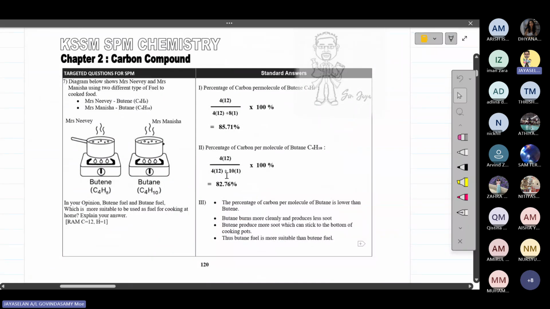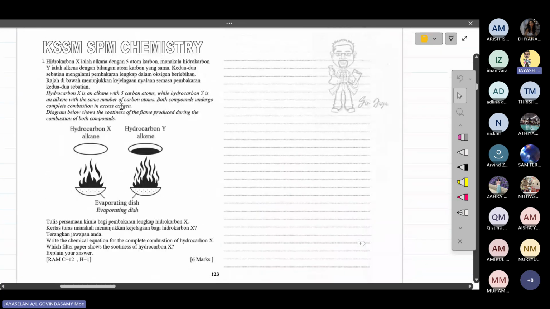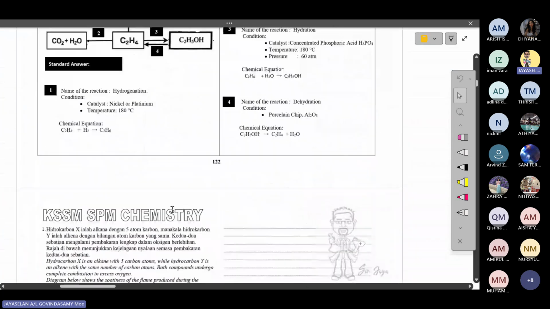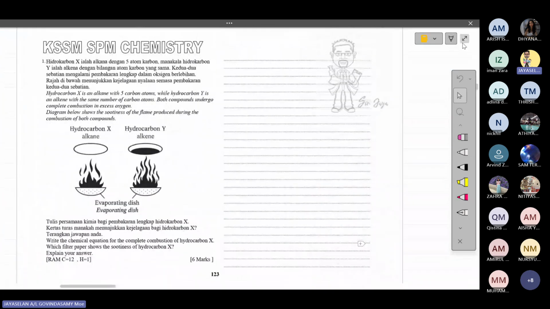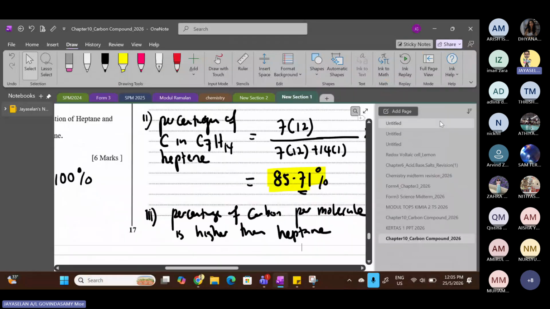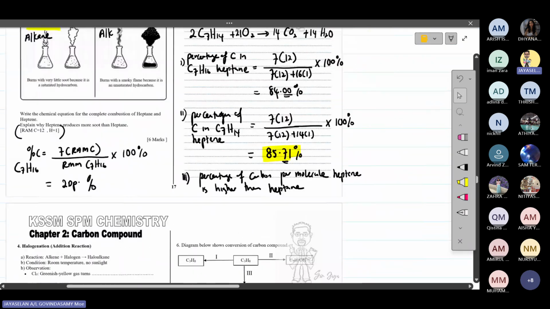Page 120, carbon compound. I only gave one. Then after that, you see here, there is one example, 1, 2, 3. So you guys can check the example and do this. Any question? No question? Okay, we go for the next part.